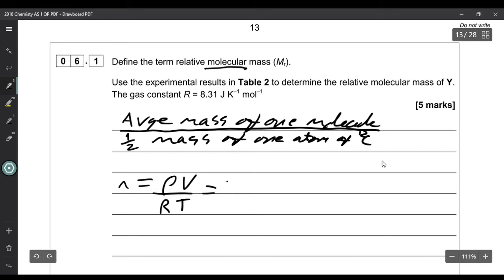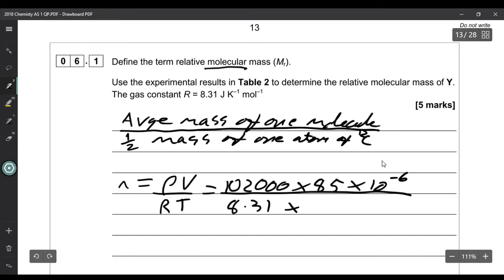So remember to convert the pressure to pascals and the volume, and R we've been given as 8.31, and again convert the temperature to kelvins, that's 371.1, and that comes out to be 2.81 times 10 to the minus 3 moles.